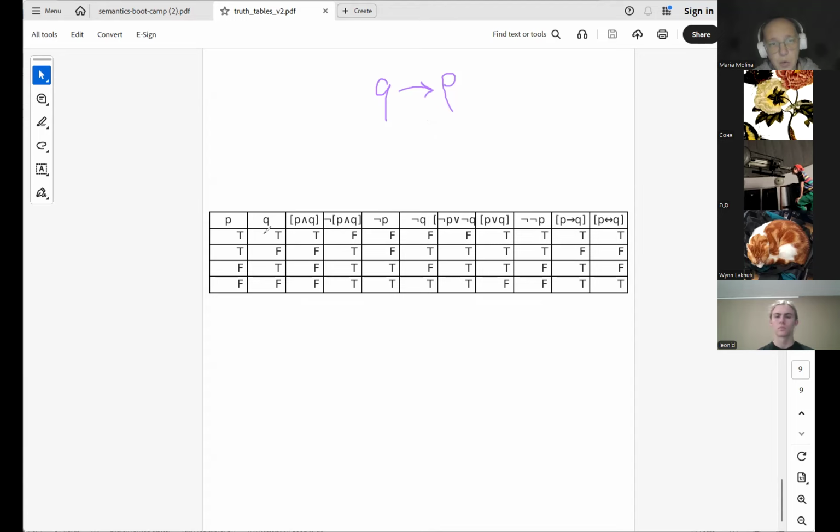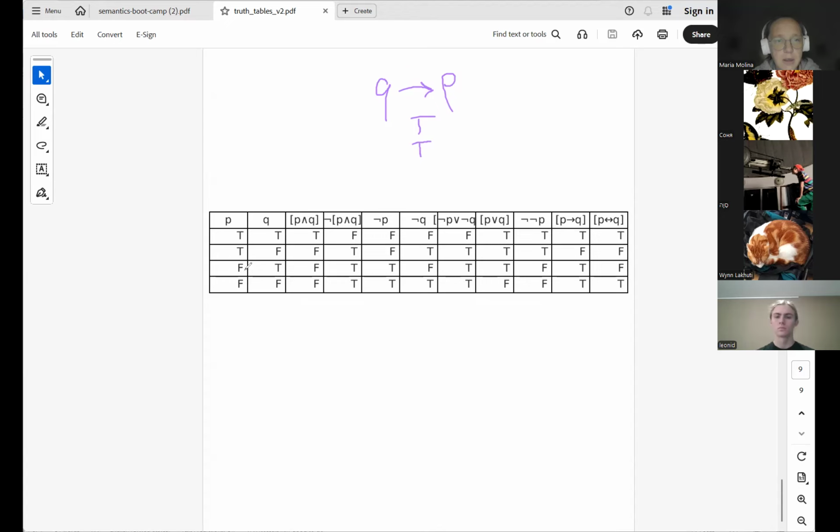True. If P is true and Q is false, also true, because it's the situation false to true.